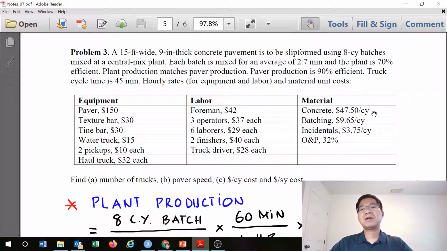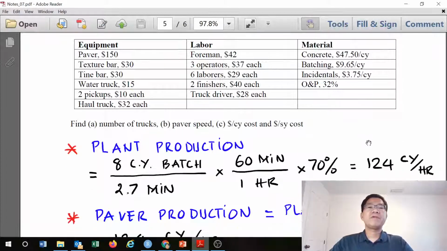That is a little bit low compared to the current market, about $100 per cubic yard. Batching, so that in the plant, incidentals, and then O&P, which stands for overhead and profit, 32%. Find the number of trucks, paver speed, and unit cost: dollars per cubic yard, and dollars per square yard of the pavement.